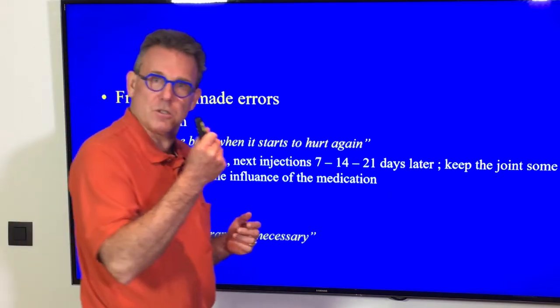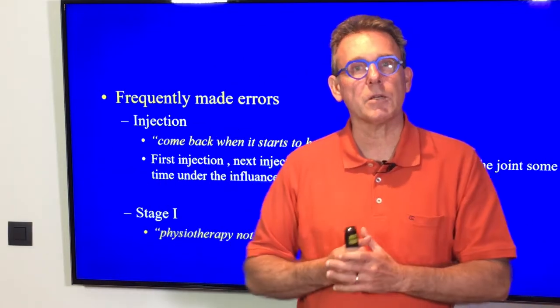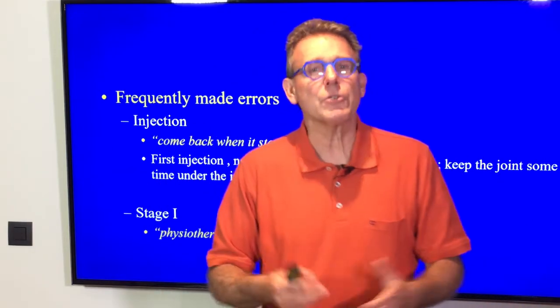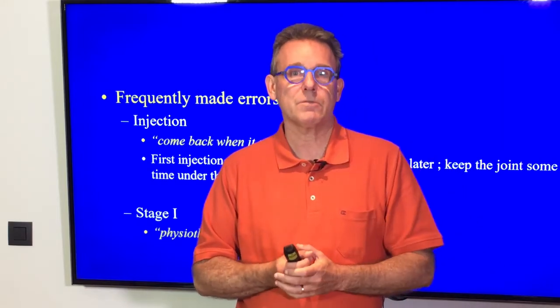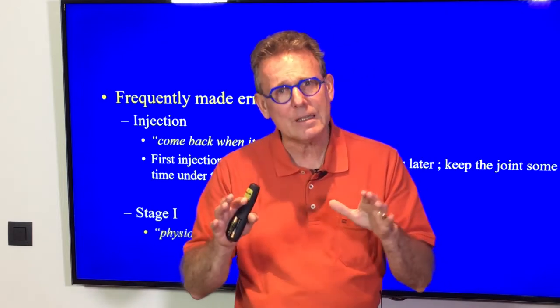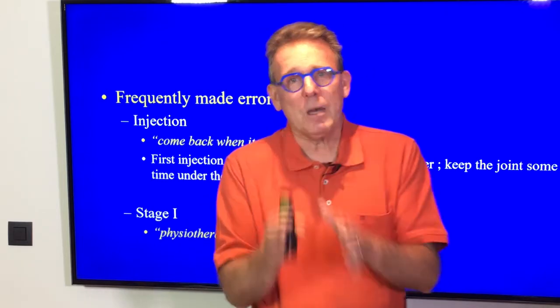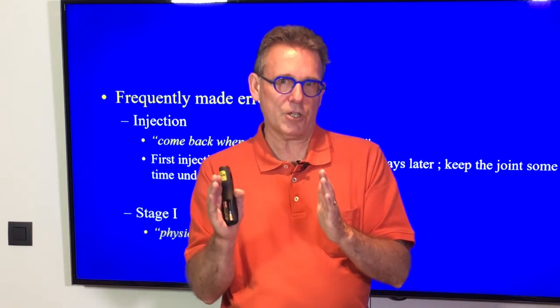The patient gets an injection and then the doctor says, well, come back when you feel pain again. Of course the patient is going to come back because one injection certainly is not enough. So he comes back after some time, okay, we give a second injection. Okay, good idea. But it is a better idea to give him a series of injections, 3, 4, 5 injections.